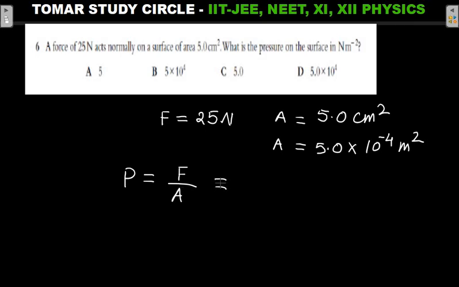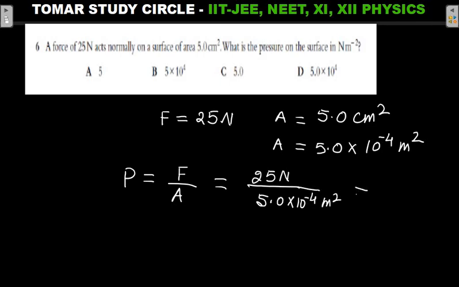On putting the value of F and A, we can write 25 Newton divided by 5.0 multiplied by 10 to the power minus 4 meter square.